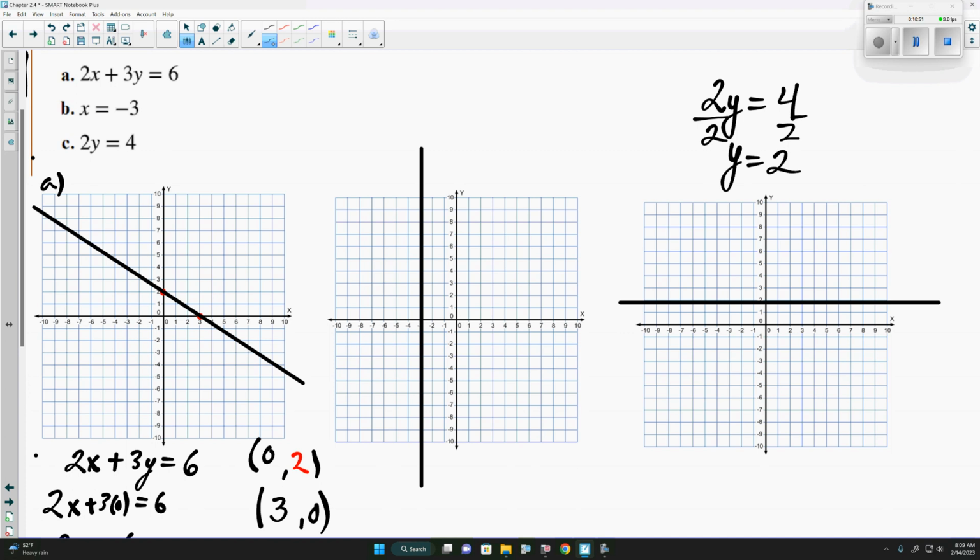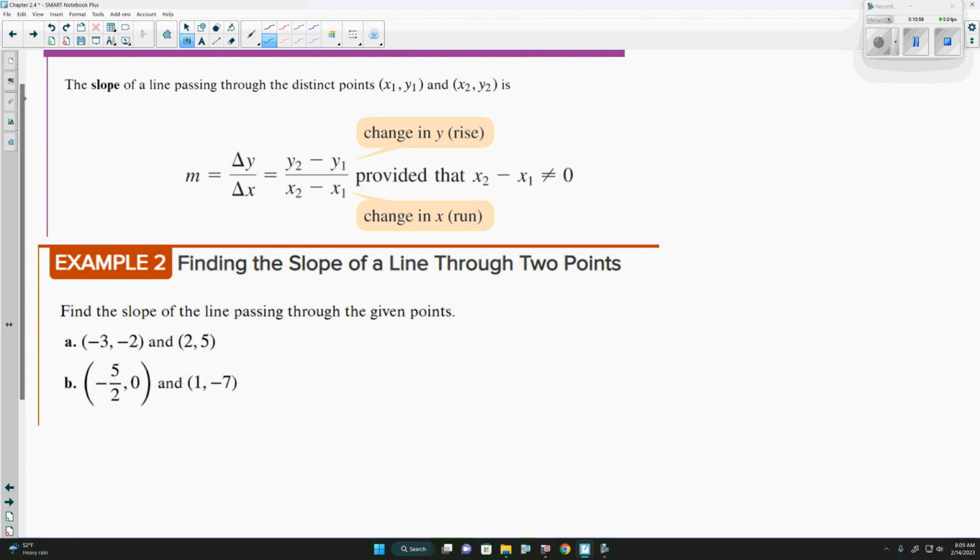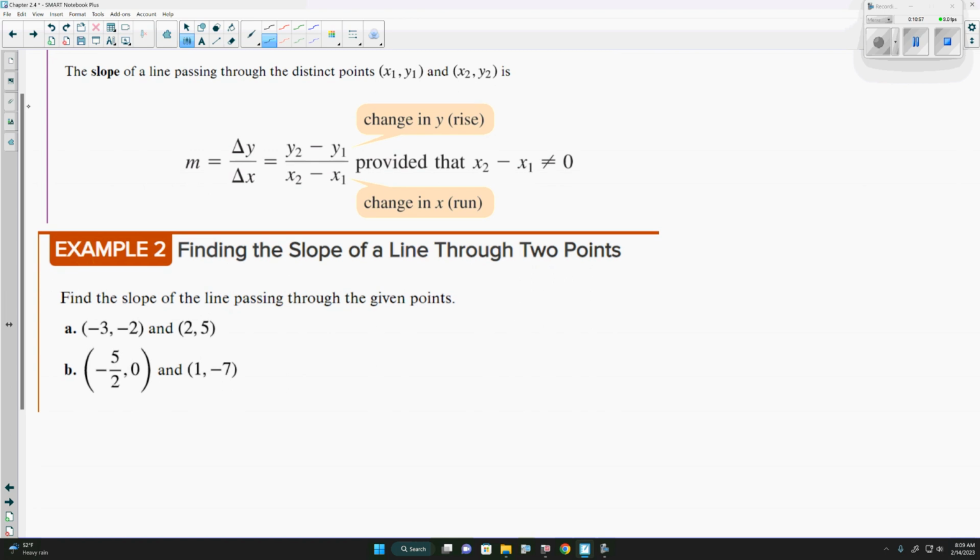Questions on this? Slope, m, that passes through 2 points. What we have for this is delta y over delta x. And in mathematics, delta is just a way to say change.